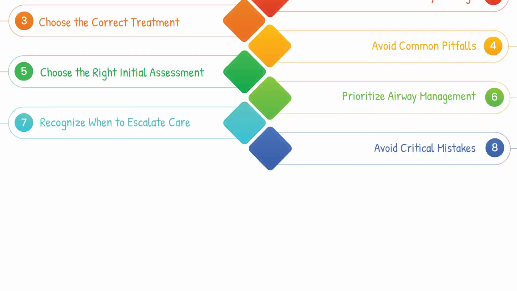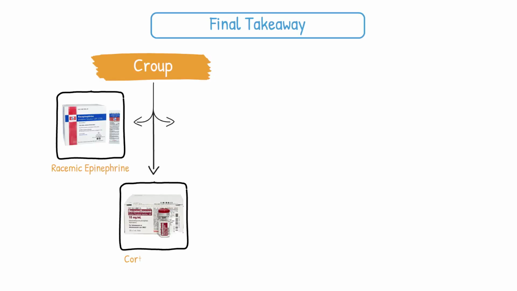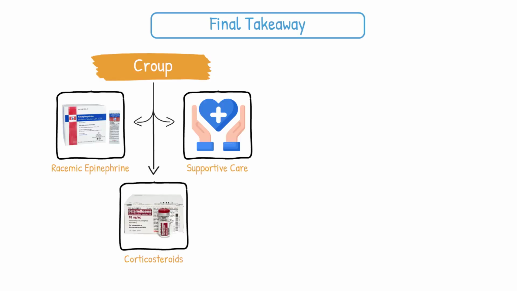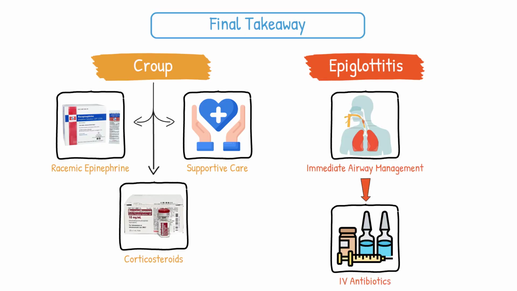The bottom line is that croup is typically managed with racemic epinephrine, corticosteroids, and supportive care measures. Epiglottitis, however, requires urgent airway management followed by IV antibiotics. In any suspected case of epiglottitis, securing the airway must always come before ordering additional tests or treatments.